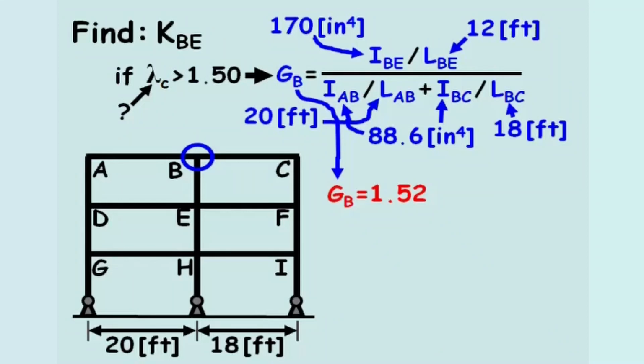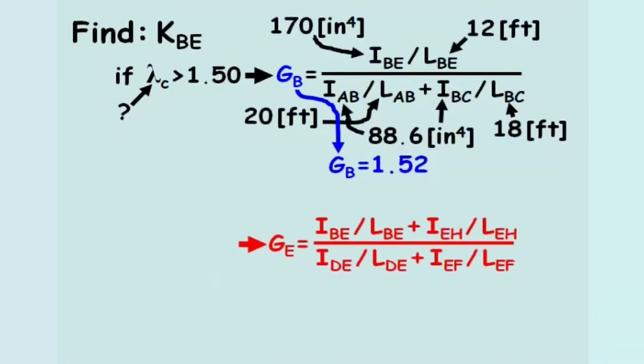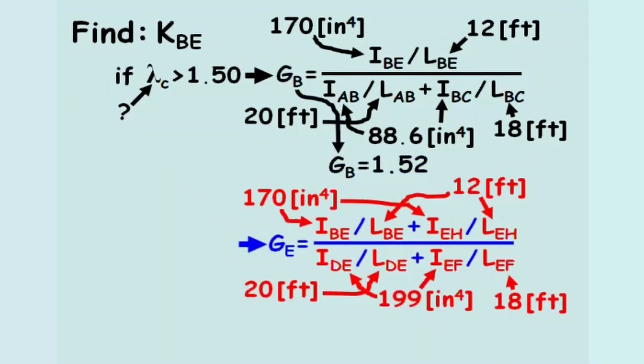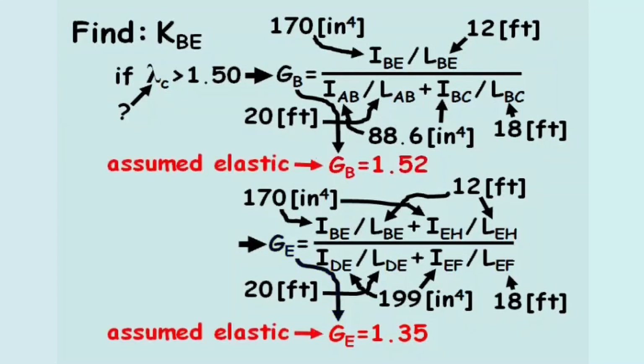Joint E is computed in a similar manner. After plugging in the lengths and area moments of inertia, the end condition coefficient at joint E equals 1.35. Keep in mind, these two end condition coefficients refer to an elastic condition in the I-beam.